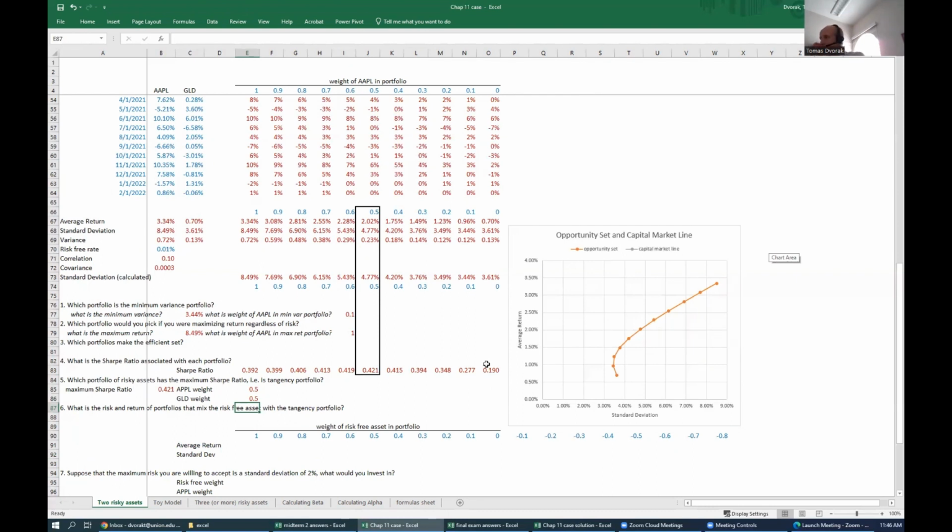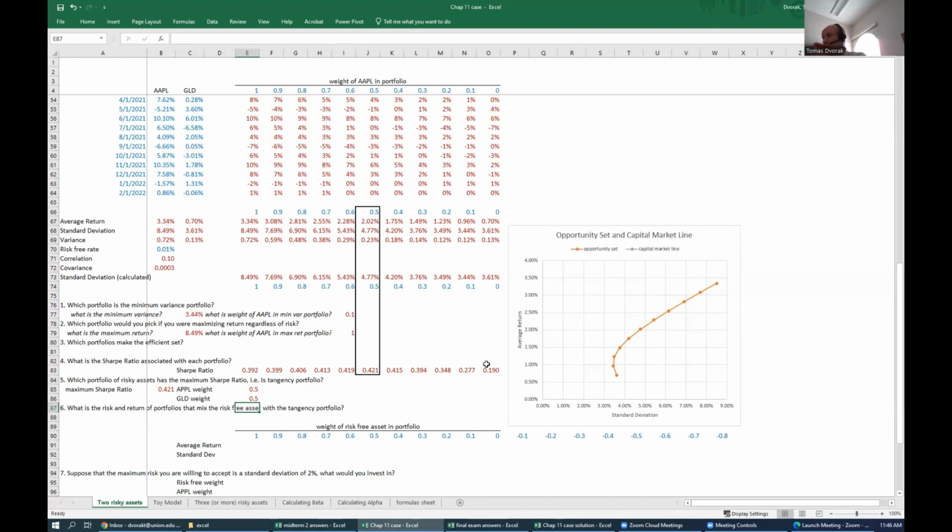Now, it turns out that the tangency portfolio is a very special portfolio. That's a portfolio that all investors should hold, because that's the portfolio that's going to give them the best risk and return trade-off.